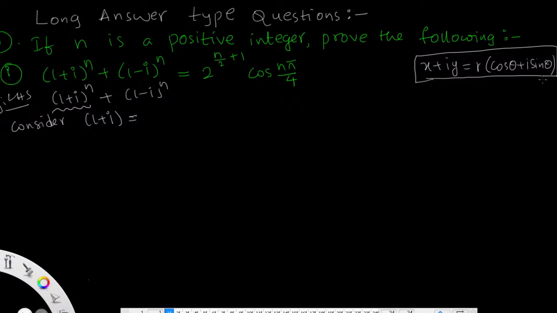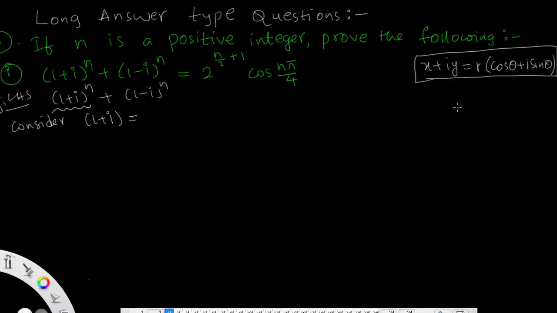Already we learned that. So first change 1 plus i into polar form, nothing but modulus amplitude form. Then we can substitute in Demoivre's theorem, since any complex number is in the form of cos theta plus i sin theta. That's why we always write modulus amplitude form.